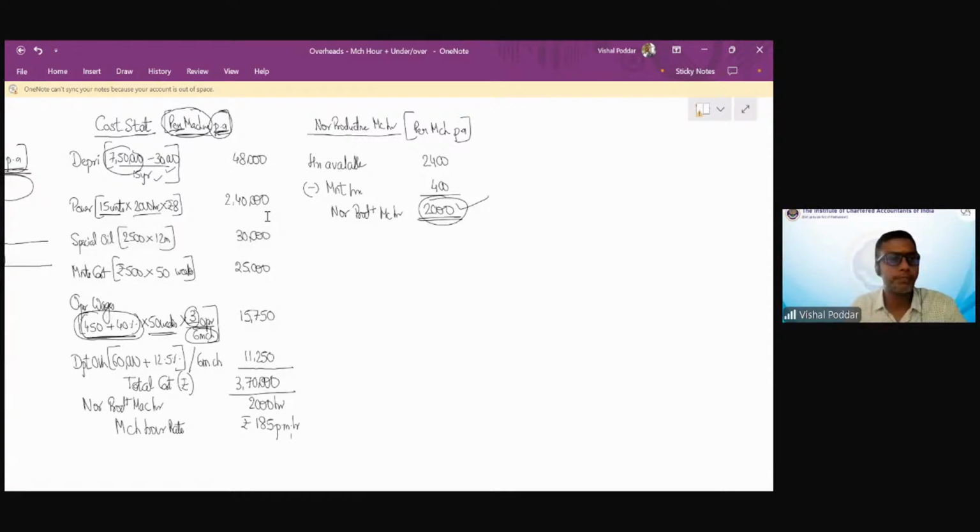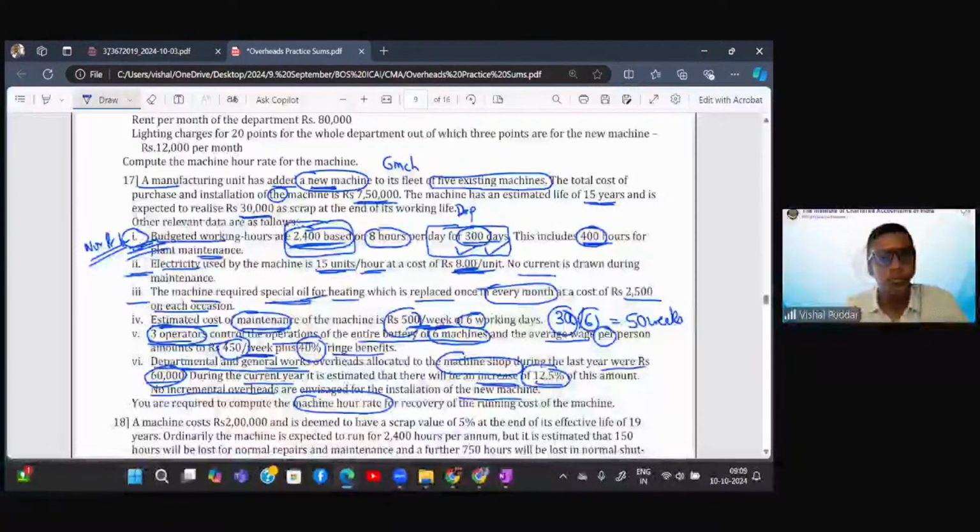Yes, Hardik. Sir, in point 1 of 17, budgeted working hours is given as 24 hours. Sir, it can also happen that these 24 hours could be for all 6 machines. See, understand this.